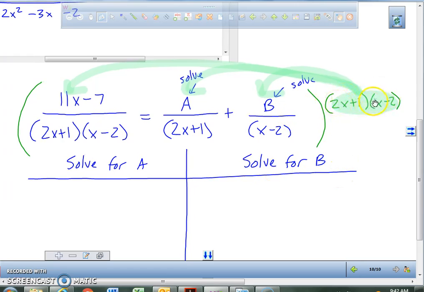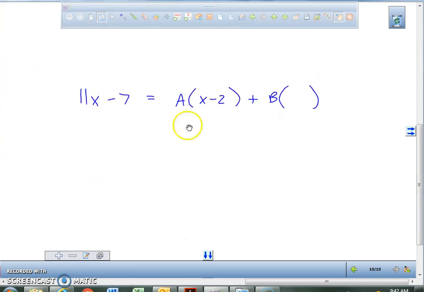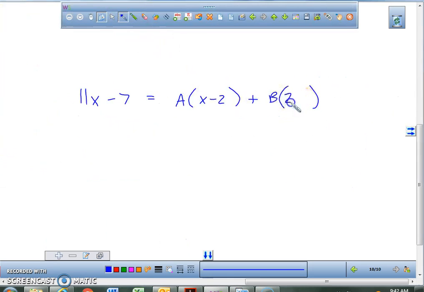So if we take this right here and multiply it to the B, what's going to end up canceling out? The x minus 2. So what are we left with? 2x plus 1. So right here I'm going to write, we are left with a 2x plus 1. Okay? So right now, this right here is the product after we've multiplied everything times a 2x plus 1 and an x minus 2. Alright?